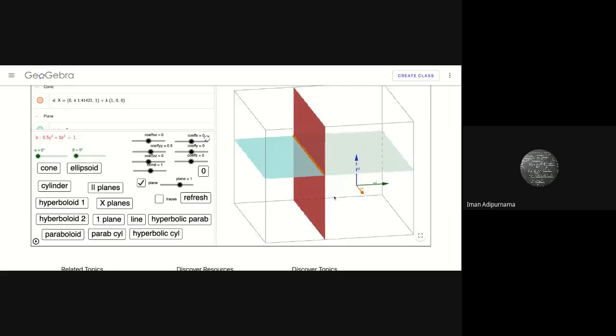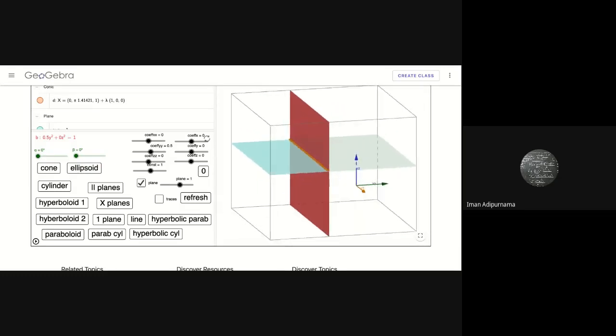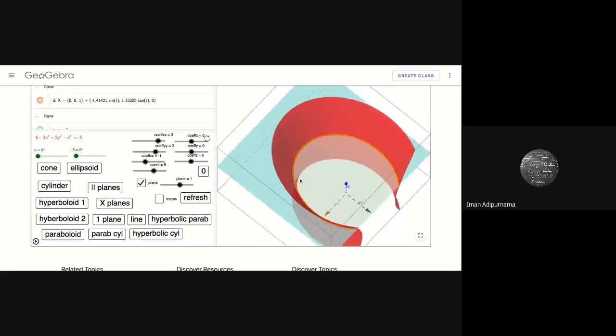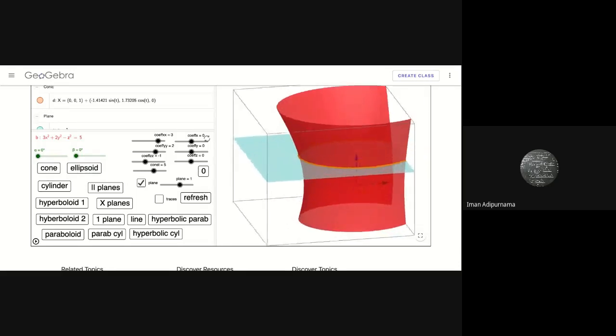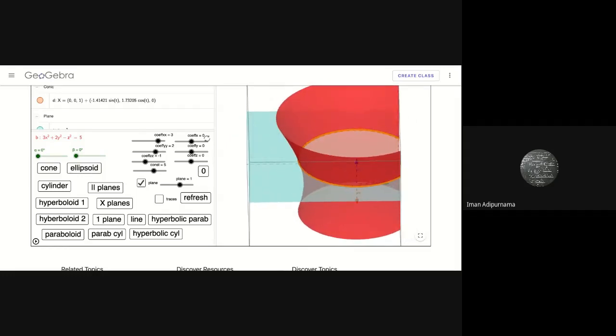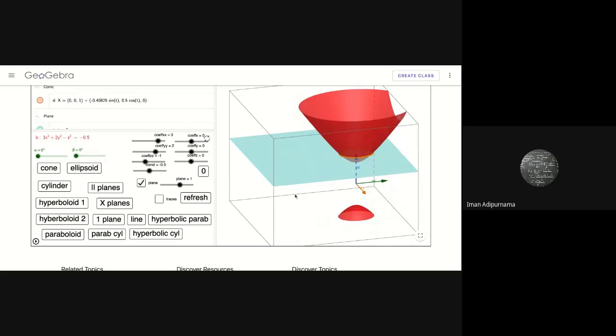And we can see just a plane like that, like we discussed in the first introduction of vectors. And this is the hyperboloid. This is just one hyperboloid, and then this is the second one.